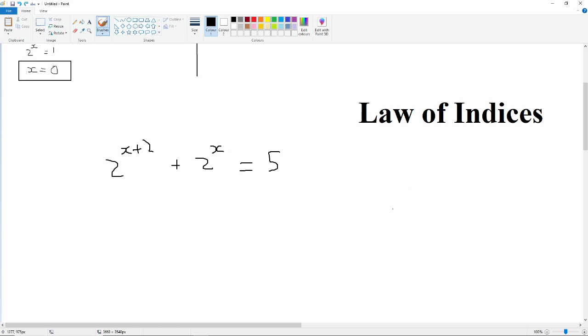So if we have a raised to the power of b, what we're saying is we've got a multiplied by a, multiplied by a, and we're multiplying by a b times.